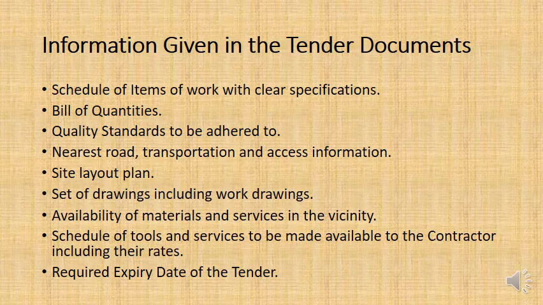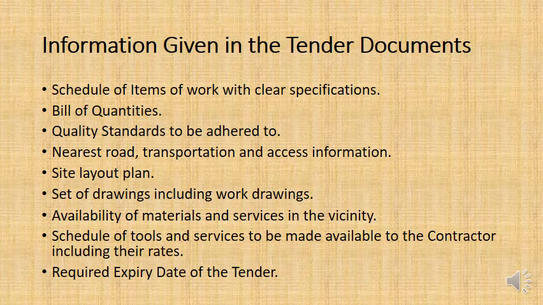And also the expiry date of the tender. So that means when the contractor submits his tender, he is agreeing legally to carry out this work at that agreed price, and it is up to the engineer, the buyer, to decide if he wants it or not. Now, of course, it's got to have an expiry date.